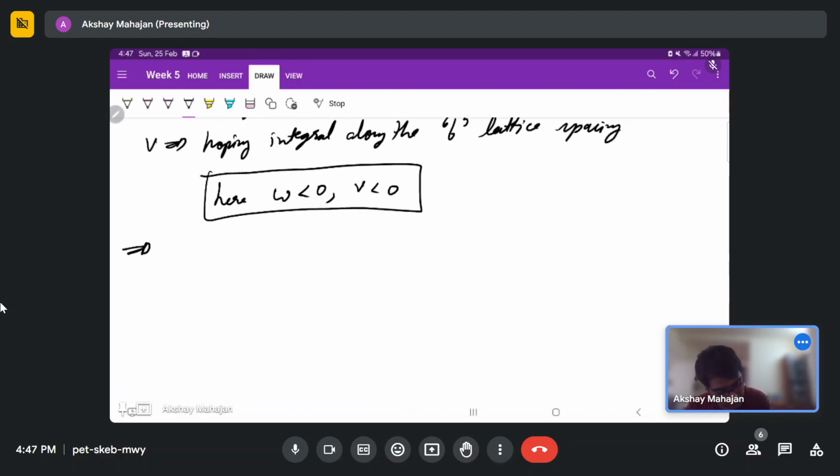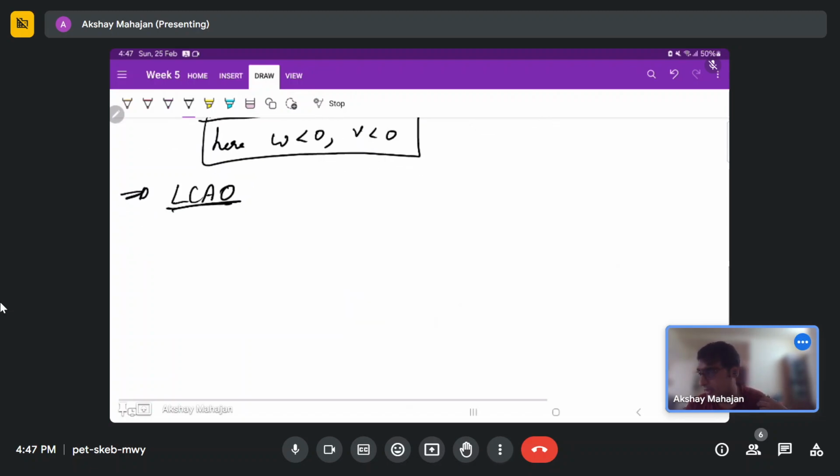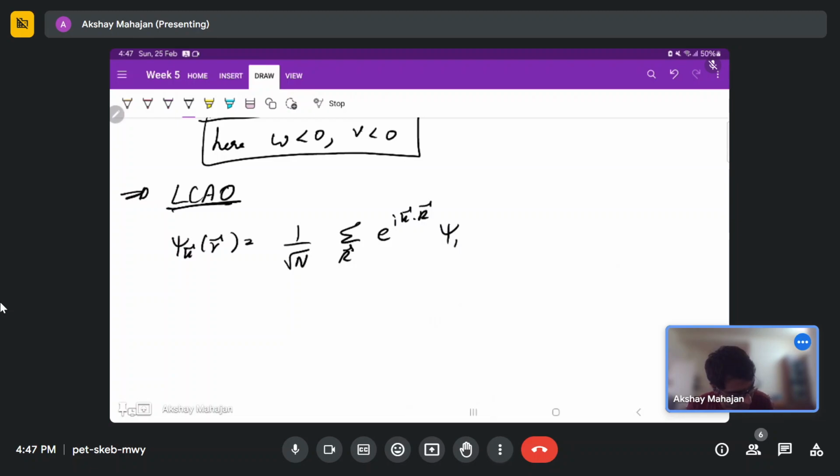Alright, now from LCAO we can again write psi of k vector, r vector as 1 by root N, summation over R vector, e to the power i k vector dot R vector, phi of r vector minus R vector.